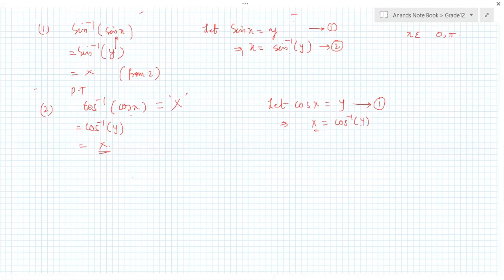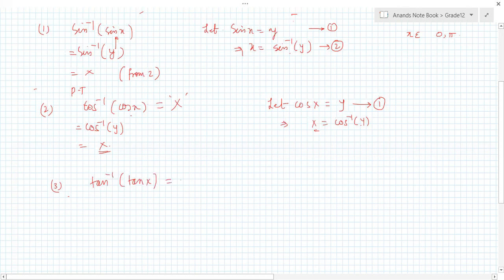Similarly, you can do it for tan inverse also. Tan inverse of tan x is equal to x. This is what we have to prove. So we say consider tan inverse of tan x, and in that you say let tan x is equal to y.